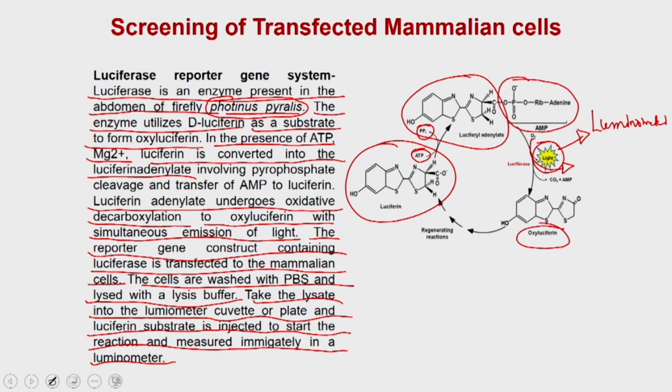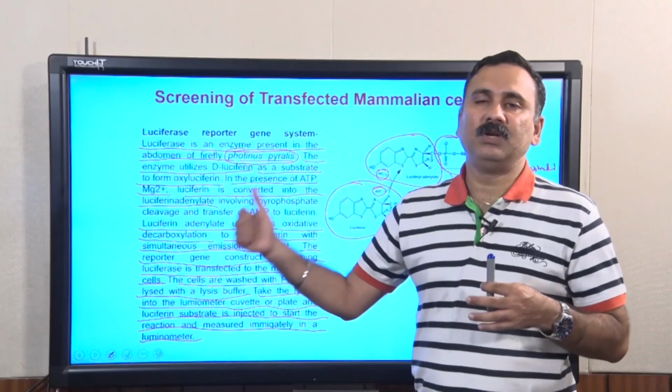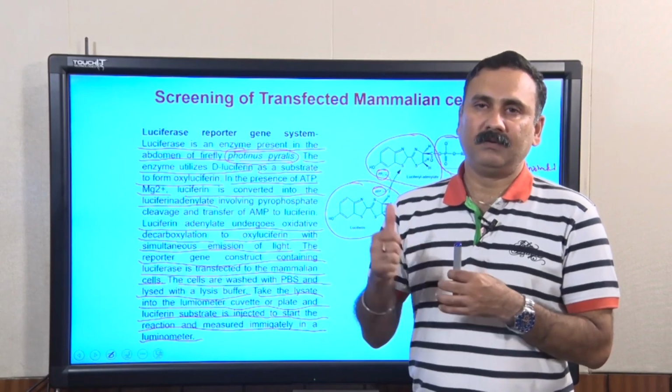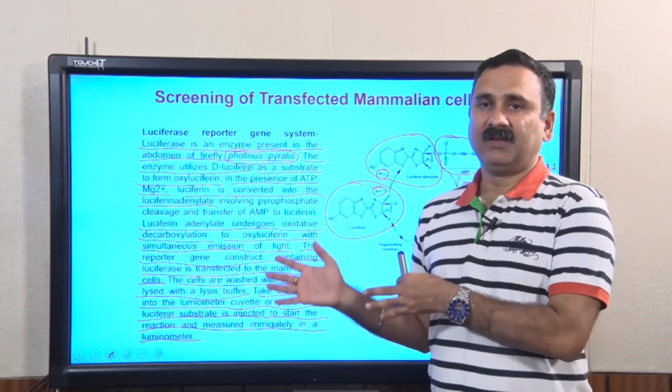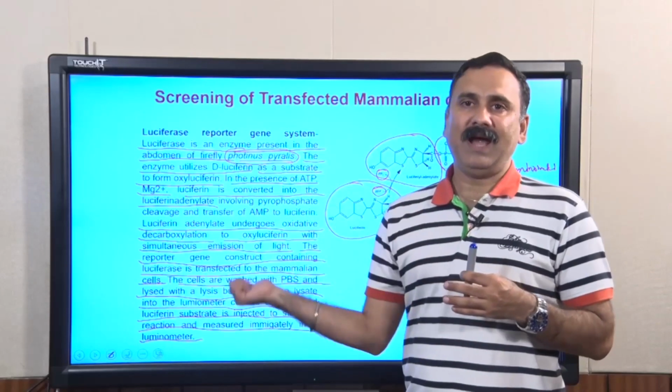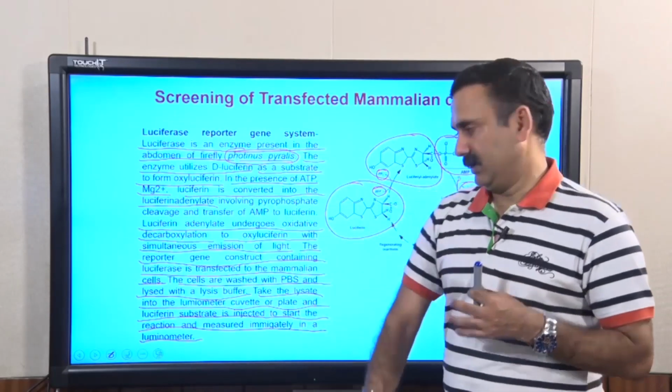So, you first transfect the construct into the mammalian cells, then once the stimulation is over, you lyse the cells, collect the lysate and put it into the cuvette or the luminescence plate, and then you add the substrate to measure the activity.